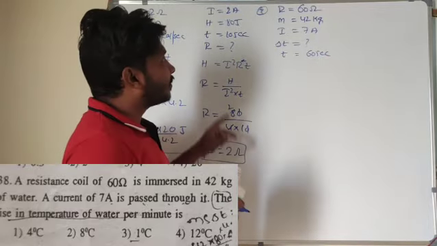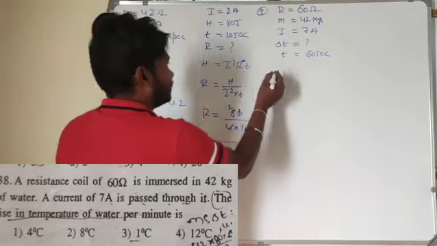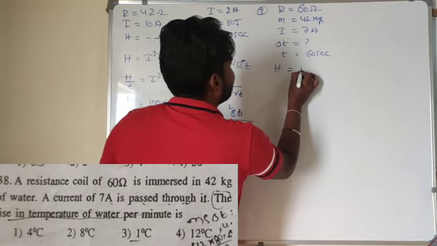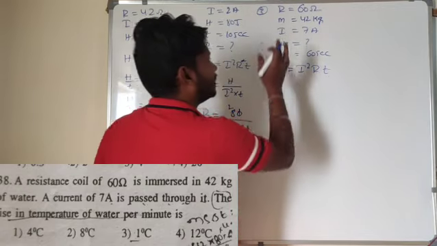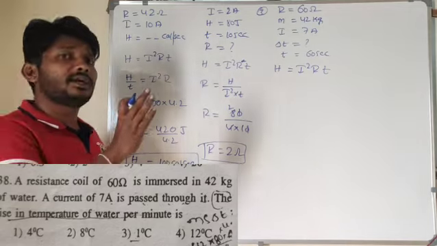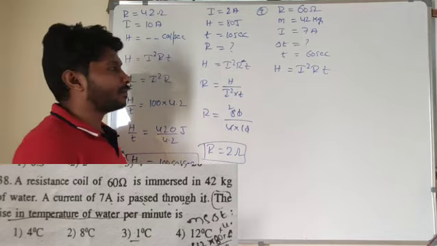So what is the connecting formula I need to use here? I will use the same formula, H is equal to I square R into T. As I said, this is a question connecting current electricity and thermal properties of matter.